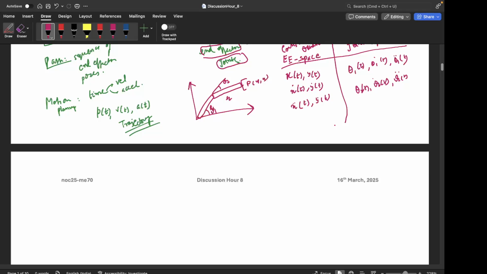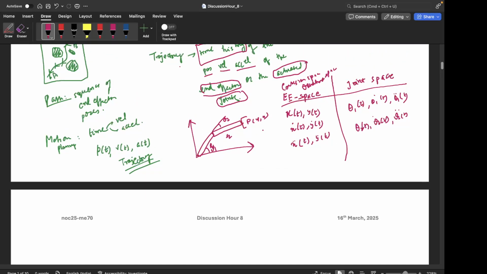Generally we want a certain type of motion from the end effector. So we can keep on switching between these two spaces, between the EE space planning and the joint space planning, depending on our ease and convenience, and which is more intuitive for us to use.